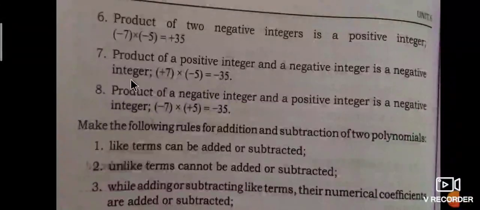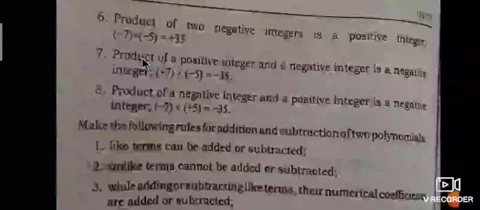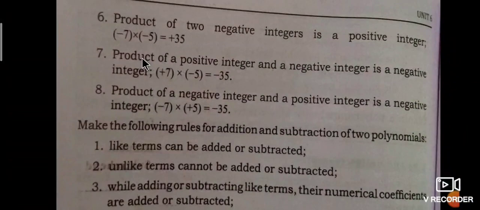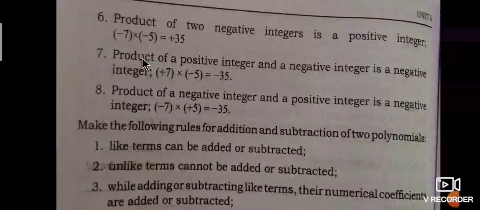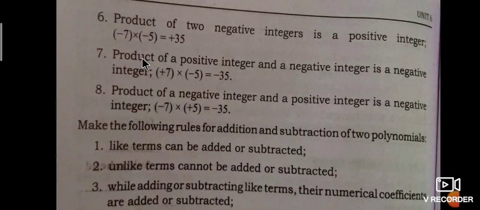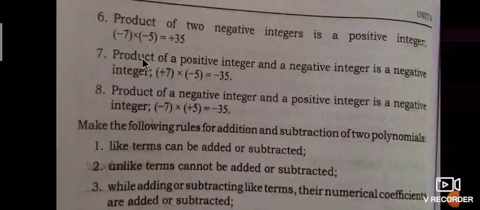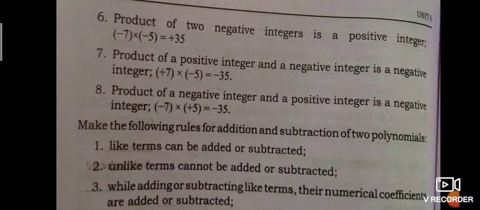Observe that, students. Remember the product of four signs: plus into plus is equal to plus. Minus into minus is equal to plus. Plus into minus is equal to minus. Minus into plus is equal to minus. Observe that when two same signs are multiplied, it is positive.